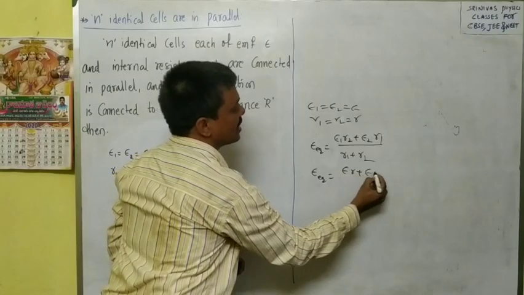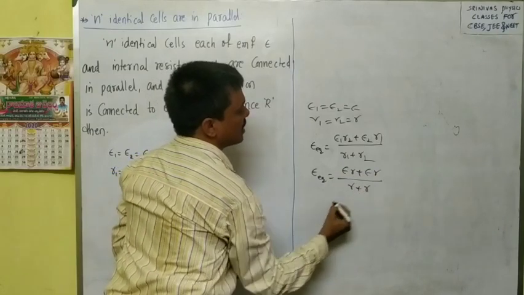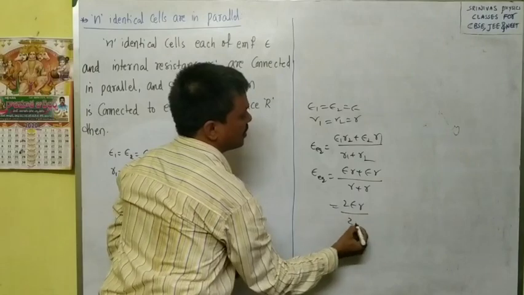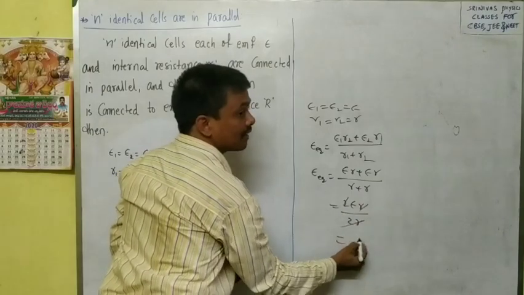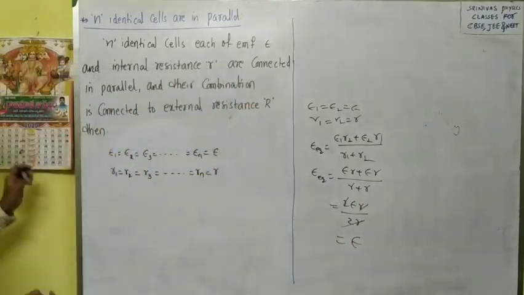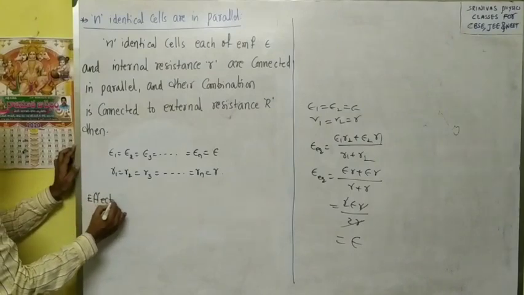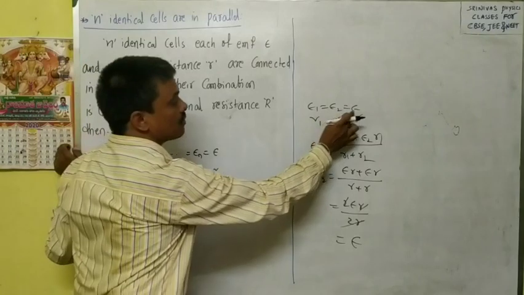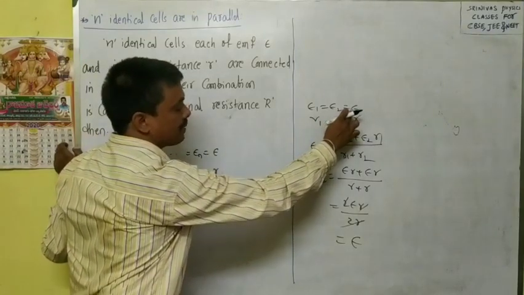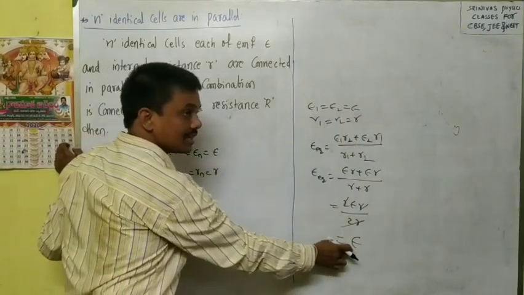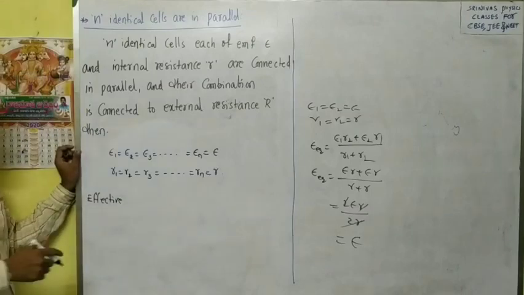ER plus ER by R plus R, that is 2ER by 2R. This will cancel. Then the effective EMF we will get is E. That means when two cells, each of EMF E, are connected in parallel, their effective EMF is E, equal to the EMF of only one cell.